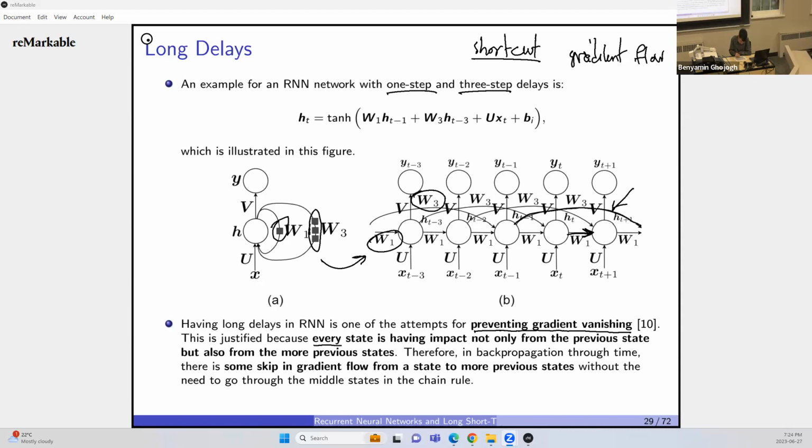This is because every state has impact not only from the previous state, but also from more previous states. Or in other words, we have a shortcut. Therefore, in backpropagation, we have some skipping gradient flow from a state to more previous states, right? So this means that we have a smaller number of multiplications in the gradient. So gradient vanishing doesn't happen.